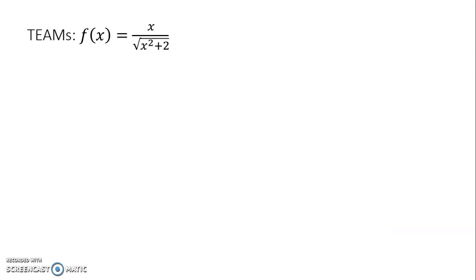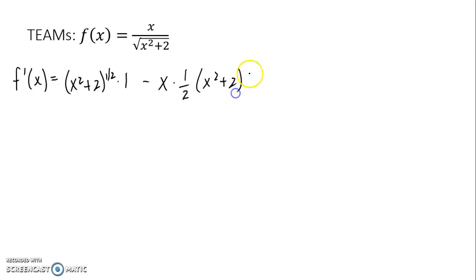Okay, let's look at the derivative using the quotient rule. So bottom, actually write this as 1/2. Bottom times the derivative of the top minus top times the derivative of the bottom all over bottom squared.